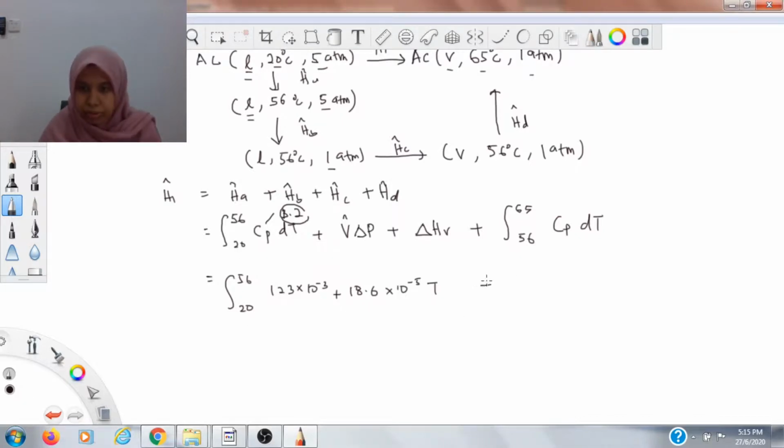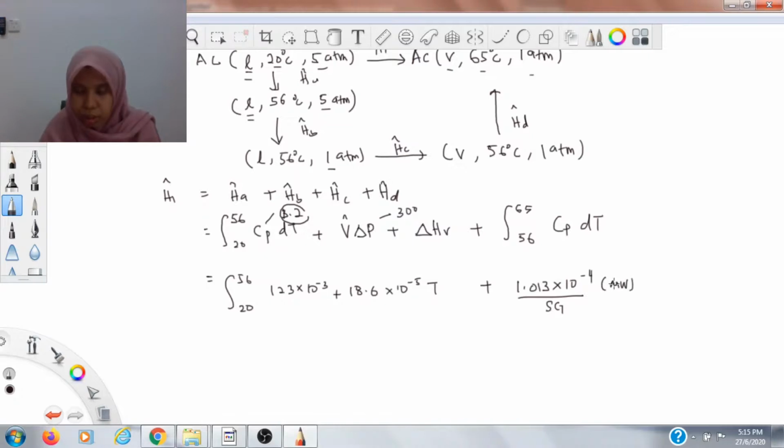Next is for the pressure change. For this one you can refer to page 300 in the new book, the simplified equation. The simplified equation will be like this: 1.103 times 10 to the power of negative 4, divided by specific gravity, and then times the molecular weight.